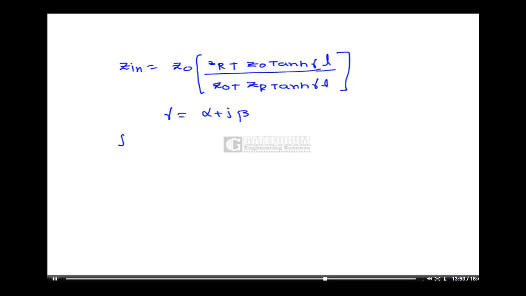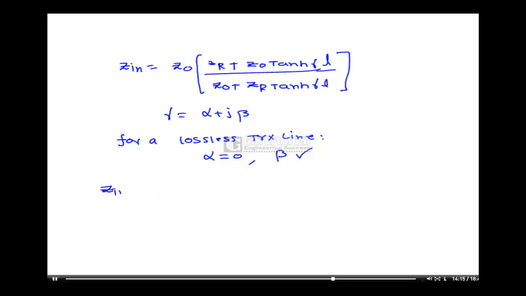Now for a lossless transmission line, what is the thing? Alpha is equal to 0. Attenuation constant is equal to 0. Only beta exists. Of course, beta is omega into square root of LC. Now what happens to the input impedance?